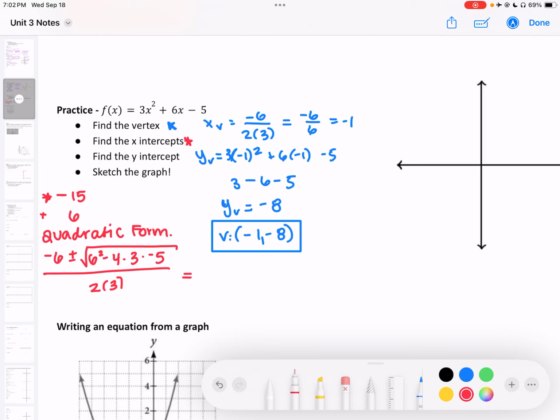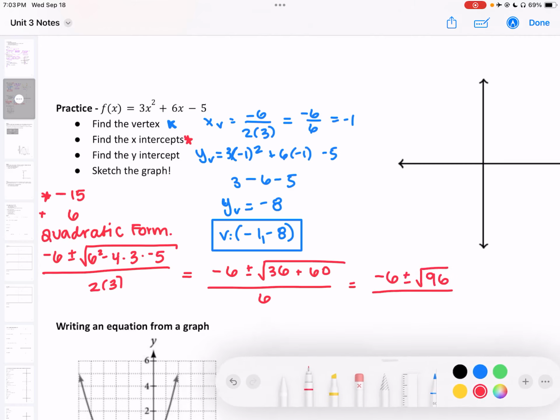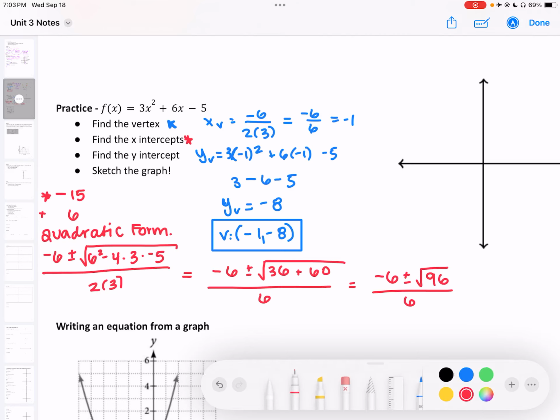So we're going to have -6 plus or minus, looks like 36 plus 12 times 5 is 60, all over 6, which is going to be -6 plus or minus root 96 all over 6. Now, we are going to end up getting decimals. It looks like 96 is not a perfect square. So on your end, go ahead and solve that while I solve it over here.